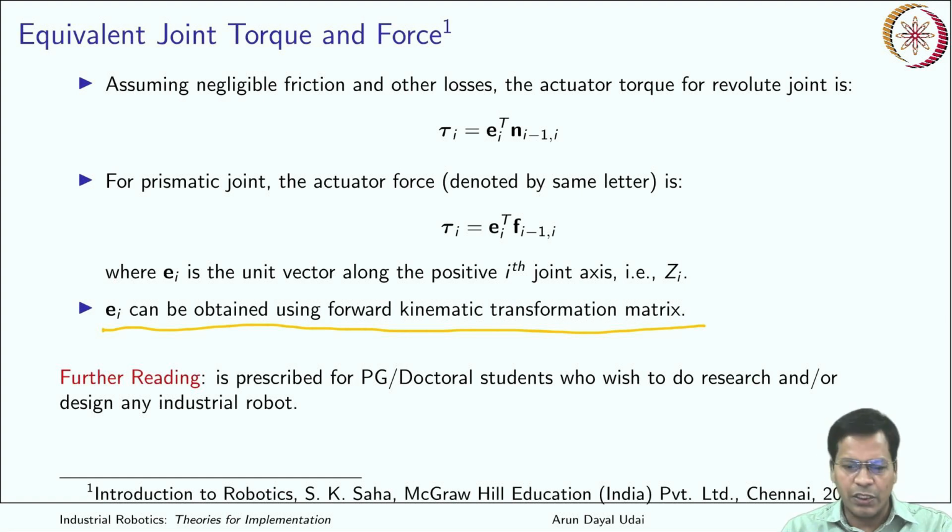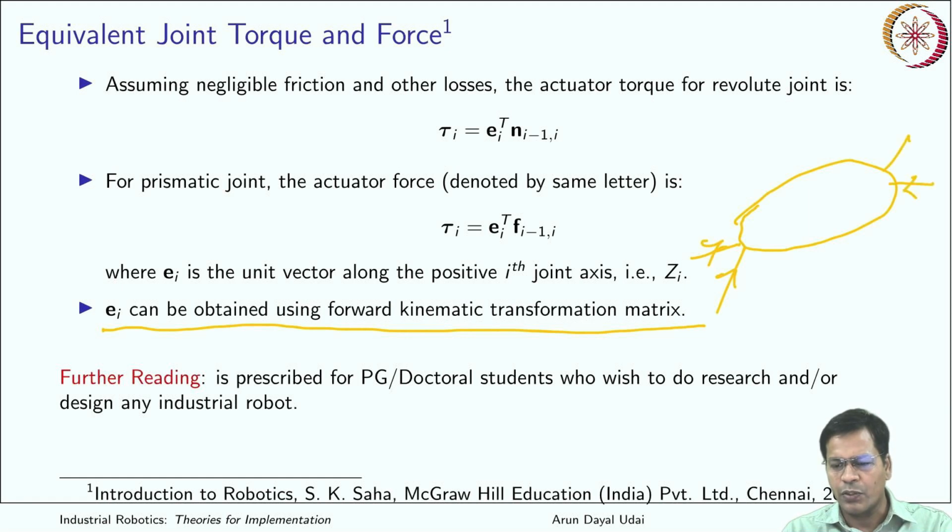So this is how you obtain the joint torque and force, the link moments, and all the forces that are going to come on it. You know all the boundary forces that the link sees, including the mass forces, if gravity is acting.